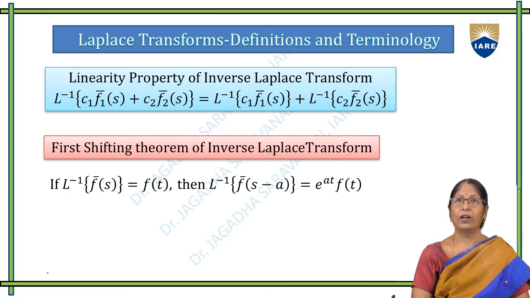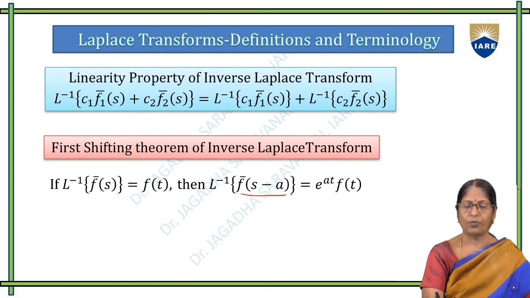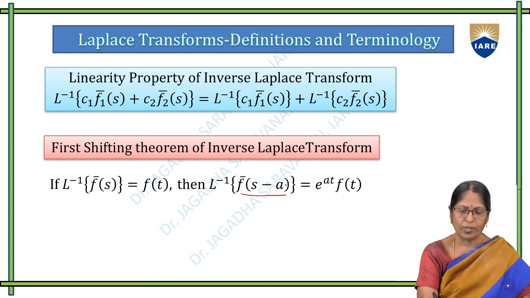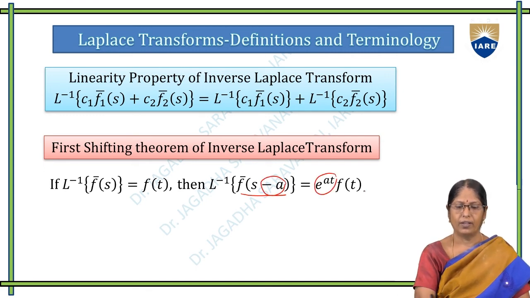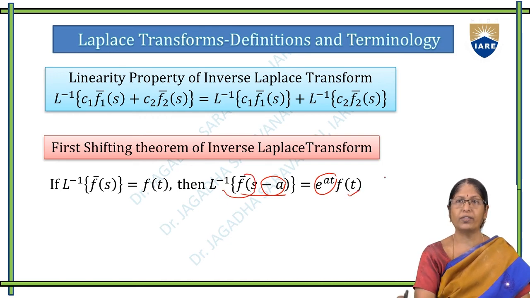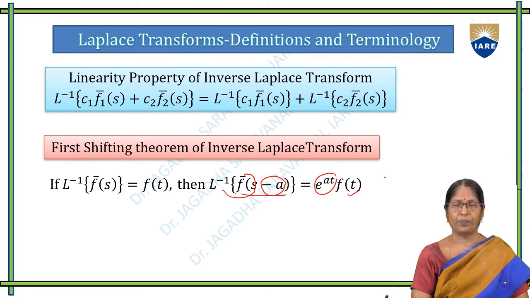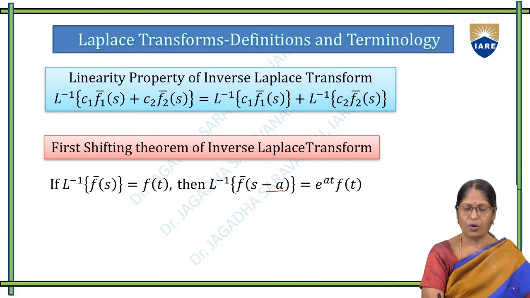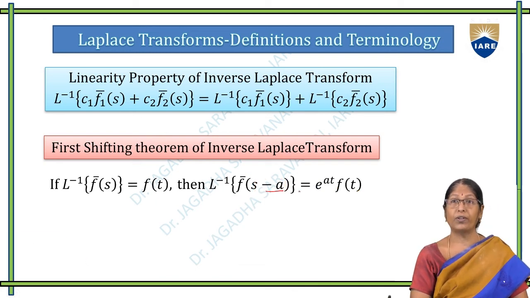Now, L inverse of a function in the form of s minus a, if it is there, gives e power at. Next, the balance, L inverse of F bar of s put together, becomes f of t. There may be a doubt in our mind: instead of minus a, suppose it is plus a.